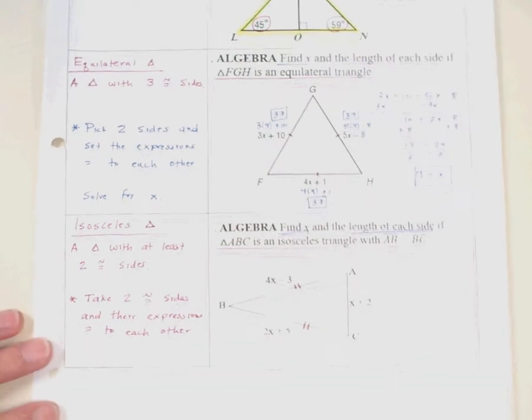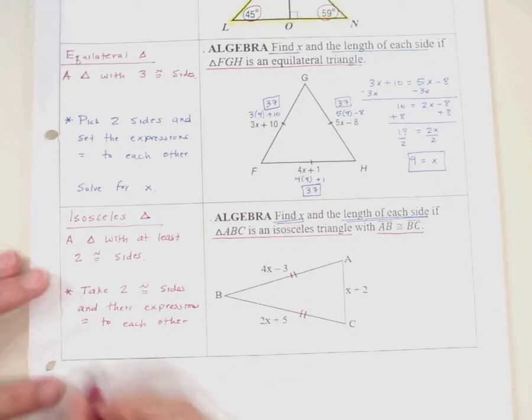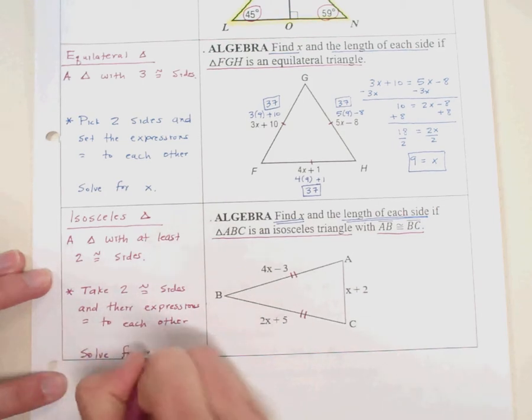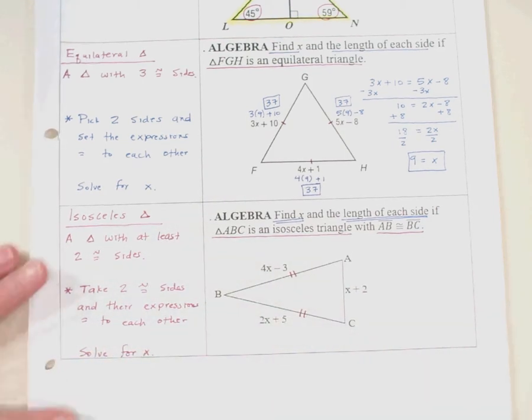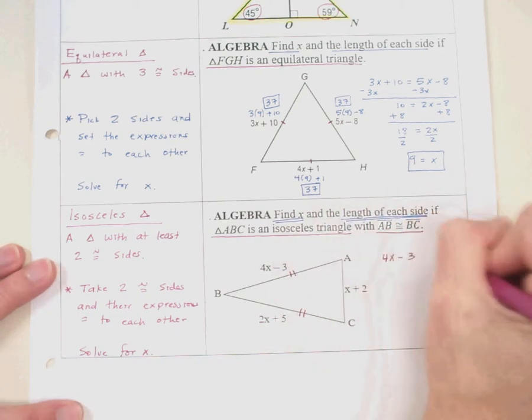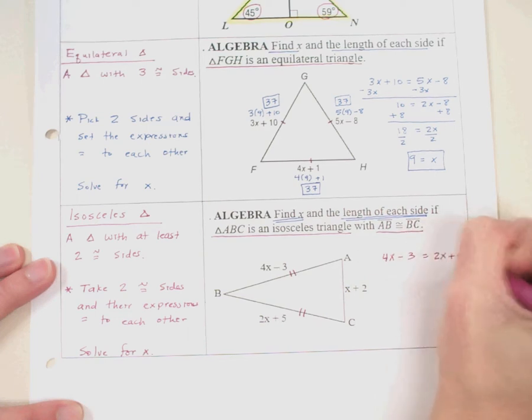After I set the expressions equal to each other, I will solve for x. So my two congruent sides are 4x minus 3 and 2x plus 5. So I'm going to set those expressions equal to each other.